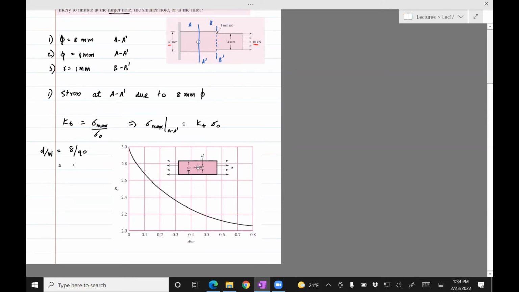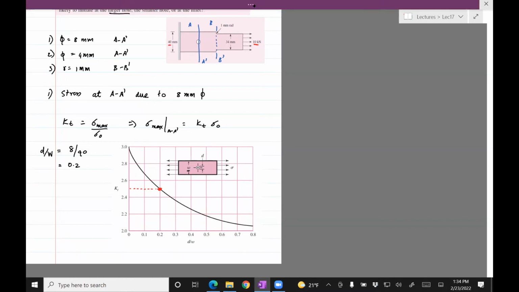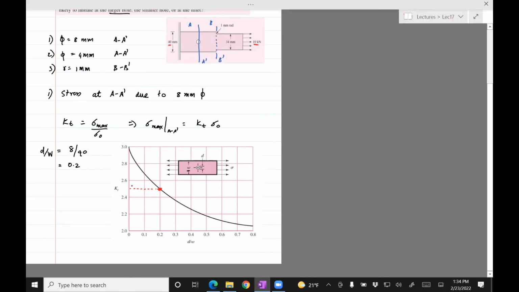So 8 divided by 40 is 1/5, which is 0.2. So go and look at what KT is at 0.2. Okay, it looks like it's approximately midway between 2.4 and 2.6. So it should be 2.5. Let's use 2.5.